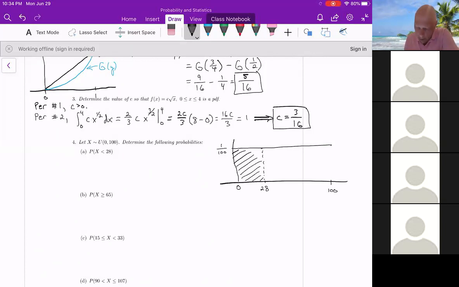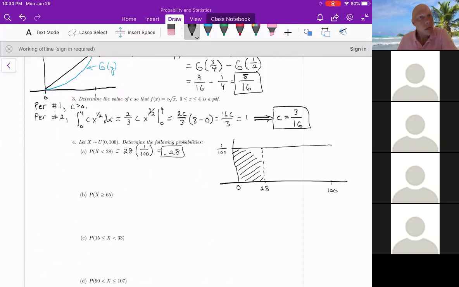Geometrically, the shape has a base of 28 and a height of 1 over 100. And so that's going to give me 28 over 100, or 0.28. And that's right.